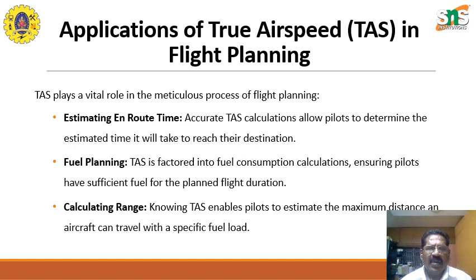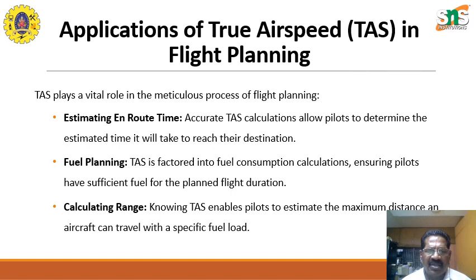TAS plays a vital role in the meticulous process of flight planning, estimating the en route time. We have already discussed this. Accurate TAS calculation allows the pilot to determine the estimated time it will take to reach the destination. Fuel planning: TAS is factored into the fuel consumption calculations, ensuring pilots have sufficient fuel for the planned flight duration.